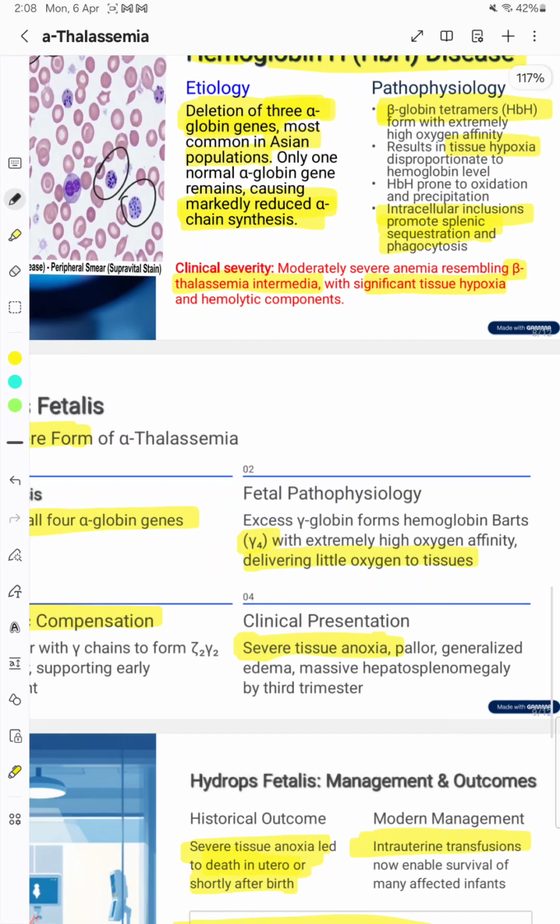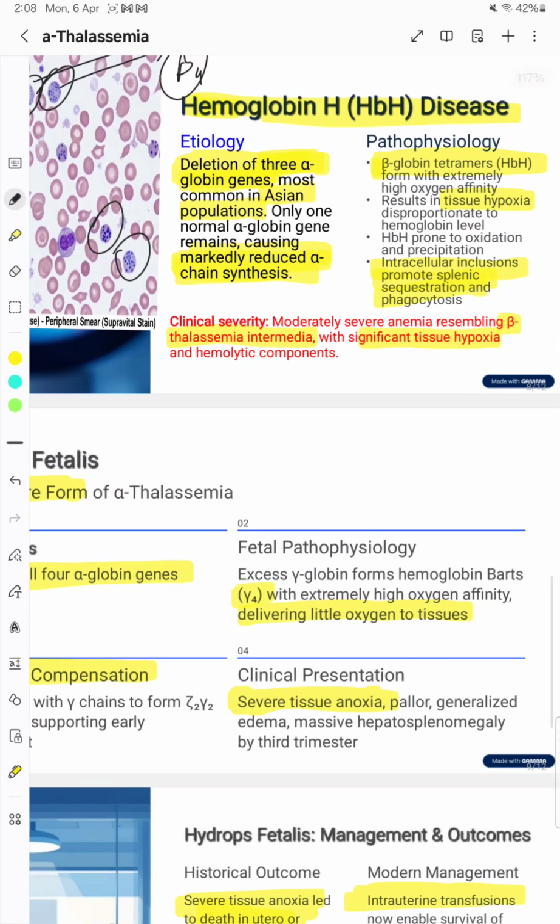As we have discussed, beta globin tetramers have high affinity for oxygen, so there is less oxygen available for the tissue, and this results in tissue hypoxia. And these intracellular inclusions in the RBC promote splenic sequestration and phagocytosis.